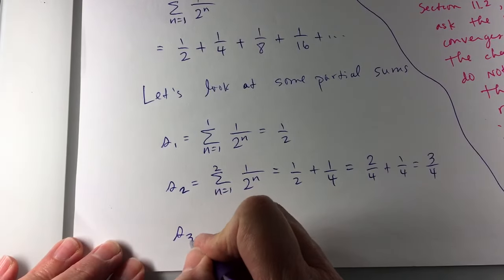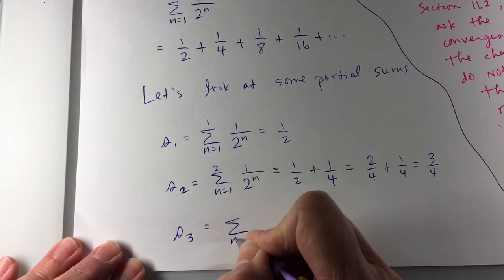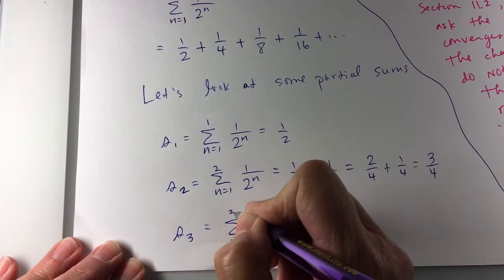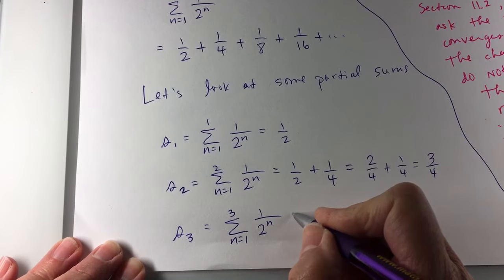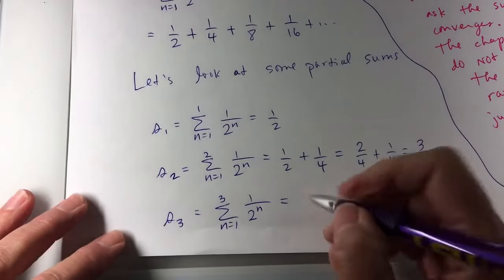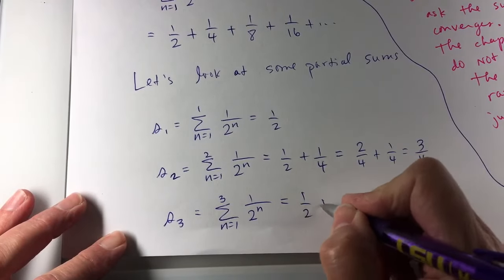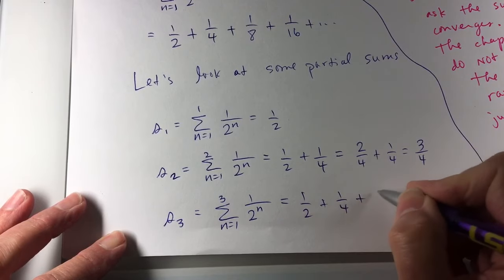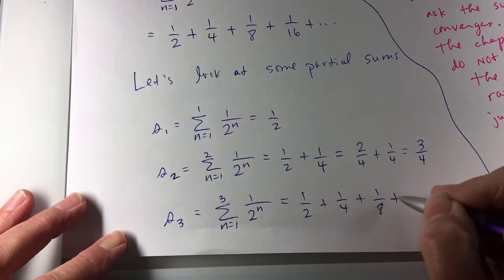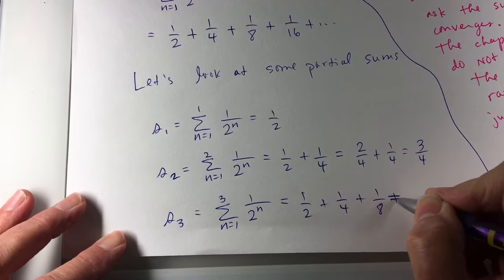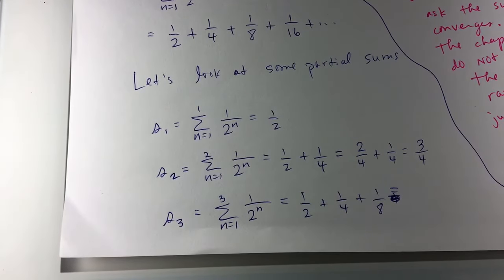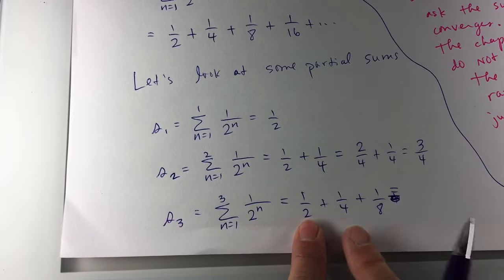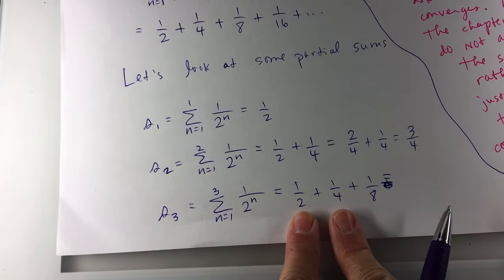S sub 3 is the sum as n goes from 1 to 3 of 1 over 2 to the n. That's 1/2 plus 1/4 plus 1/8. Oh, that should be an equal sign right there. Equals... Well, these two, when I added them, I got 3/4.